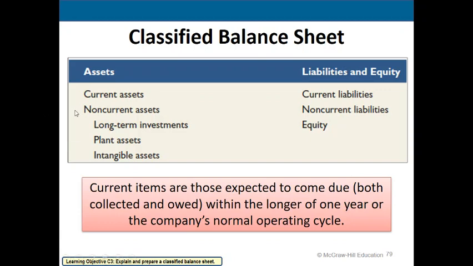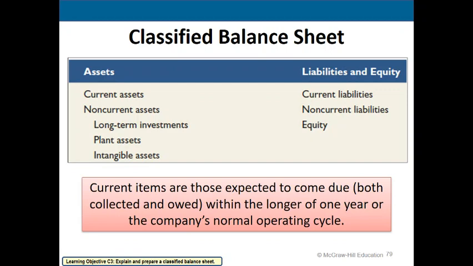And so we do that by listing things as current versus non-current as far as our assets and liabilities are concerned. Current items are those that are expected to become due, both collected and owed, within the longer of 1 year or the company's normal operating cycle.